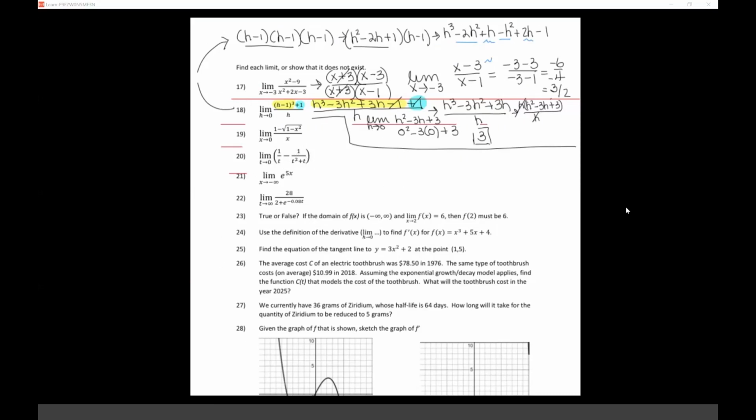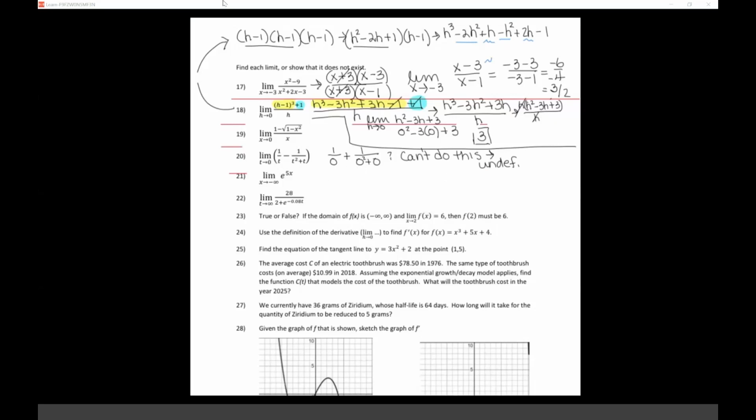Is that okay? What do you think? Andres is saying no. Raven's saying no. Do you see the zeros in the denominator here? So I can't do this. It's undefined, whenever you've got a 0 in a denominator.